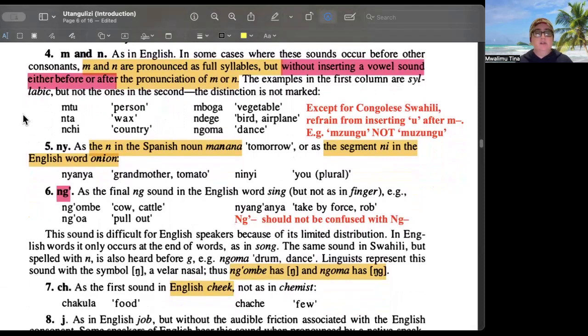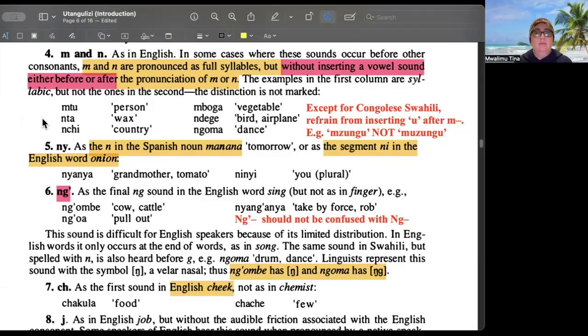Next, we have the consonants M and N. When they're at the beginning of a word, it can be a bit difficult for an English speaker in the beginning. The sound is nasal. When the M or the N is followed by another consonant, it is nasal.